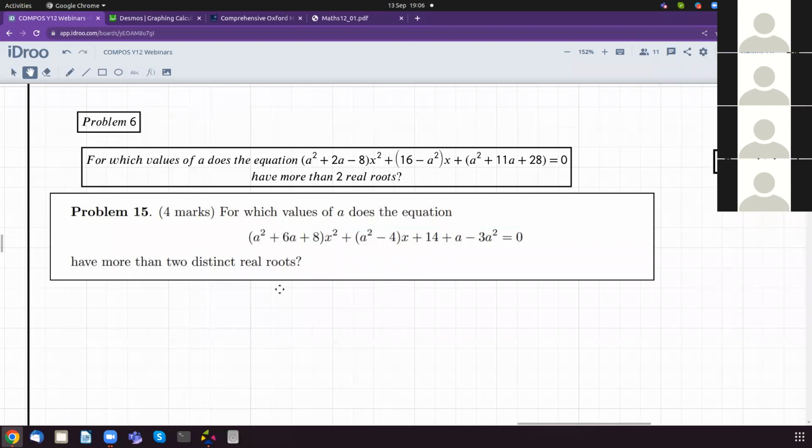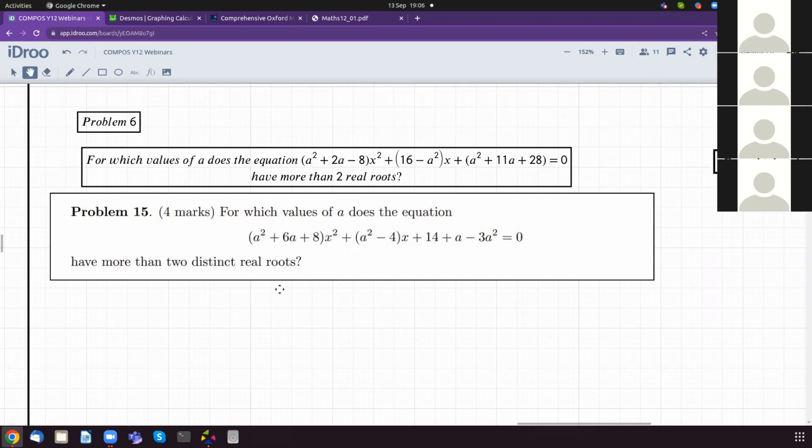I see. So where is the trick? A quadratic equation clearly cannot have more than 2 real roots. So the only possibility is that it's not a quadratic.